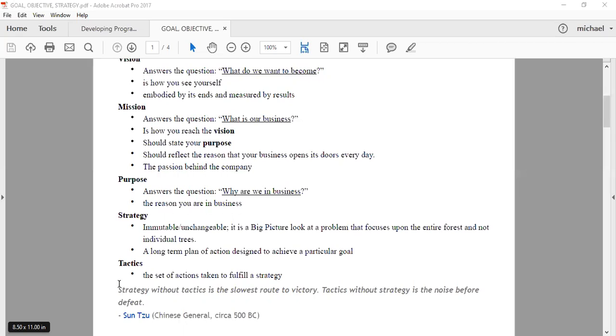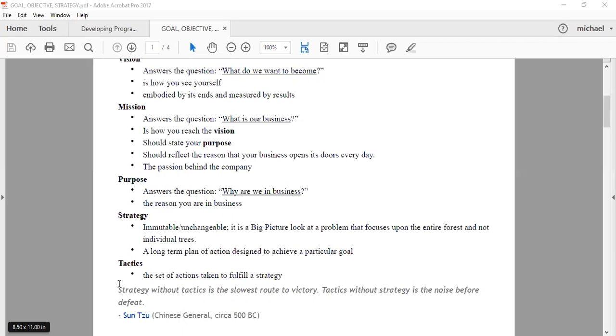The next tactic might be to arrange a meeting to talk about a partnership. The next tactic might be to put together the forms you're going to use for the people coming into your program.